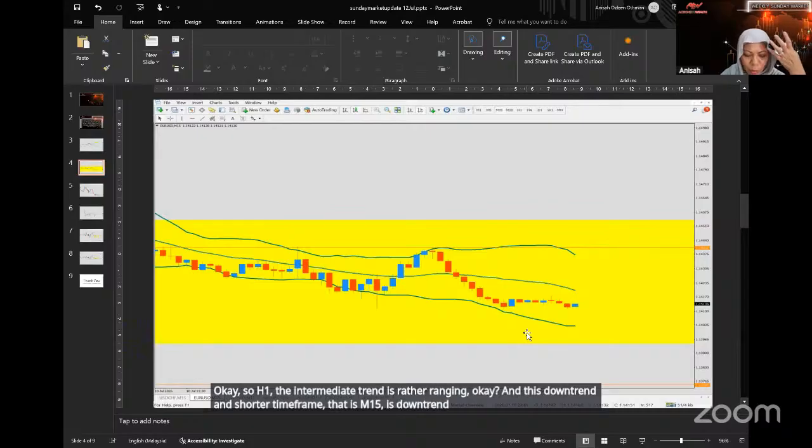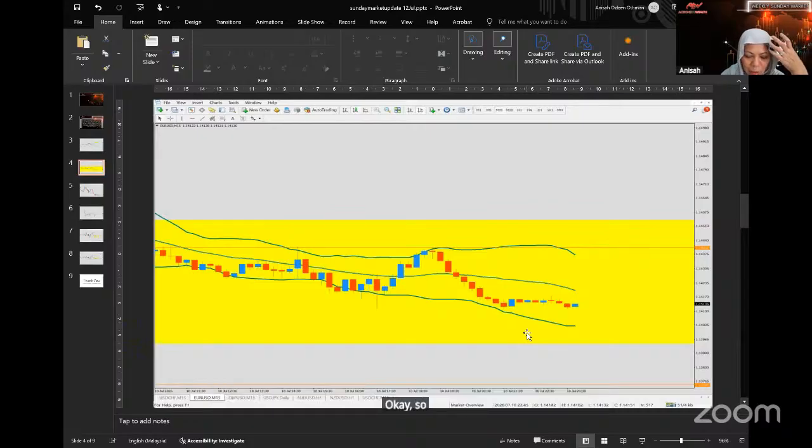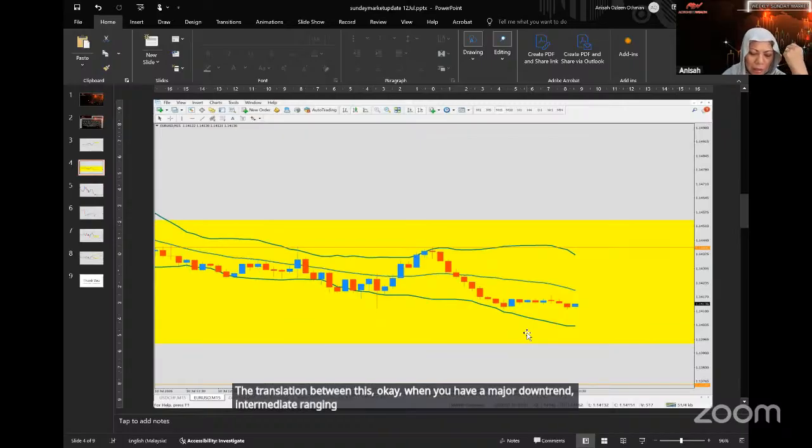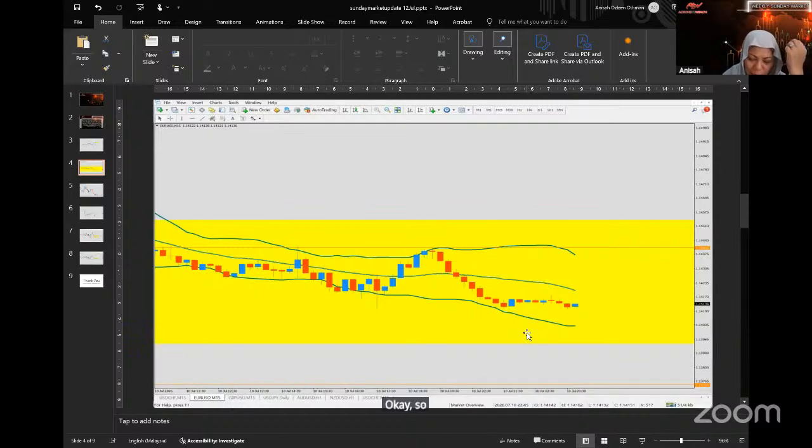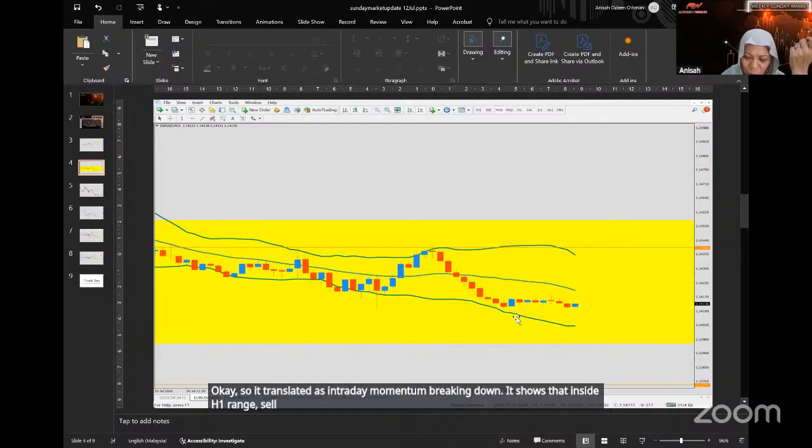So the translation is, when you have a major downtrend, intermediate ranging, and short-term downtrend, it means intraday momentum is breaking down. It shows that inside the H1 range, sellers have taken control and are pushing toward the bottom of that range or initiating a full breakout.